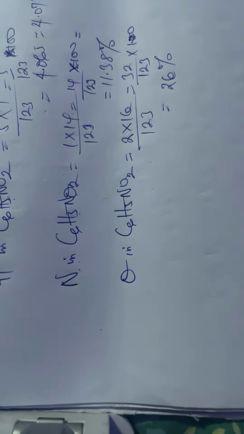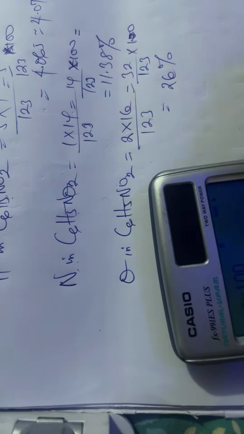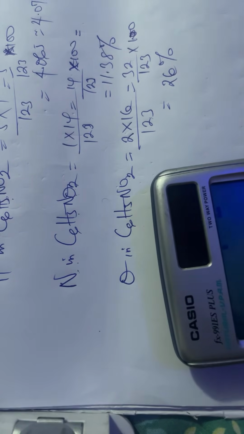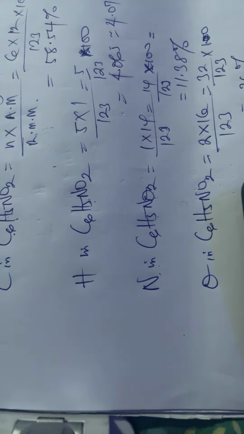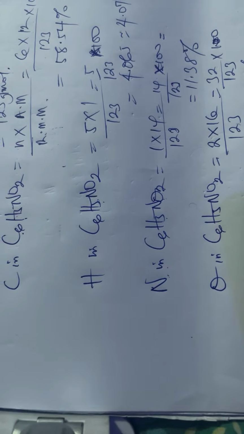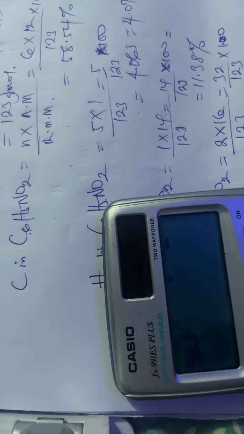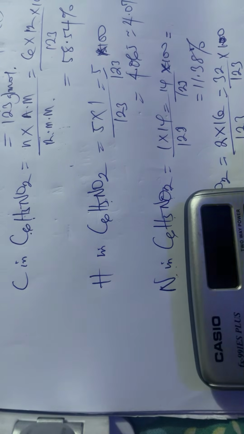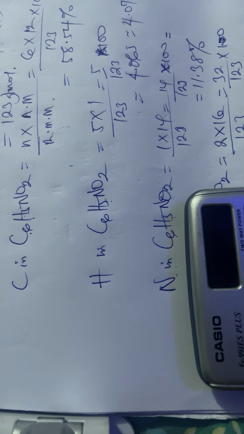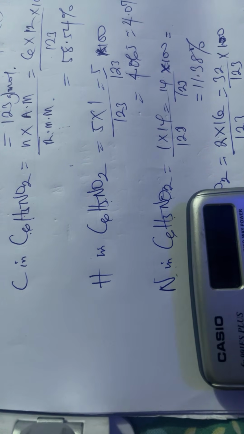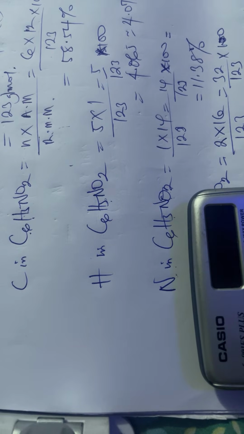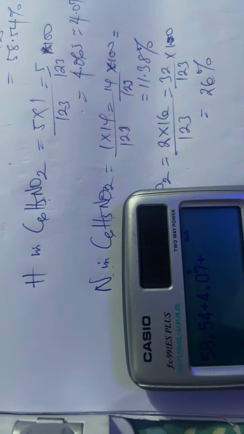Now the idea is that when we add all of these percentages, it's supposed to give us 100. So let's check. Carbon gave us 58.54%. Hydrogen gave us 4.07%. Nitrogen gave us 11.38%.